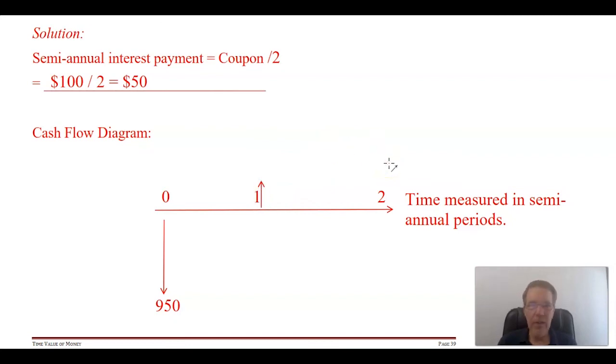Okay, and then at the end of 2 semi-annual periods, we're going to get another $50, but now the principal amount is going to be paid back also, and that's 1,000. So let's just move these into place here, and let's label everything.